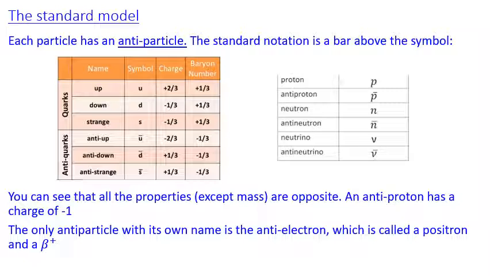The composite particles, like a proton, as we'll see in a few minutes, made up from ups and downs, has an antiproton equivalent. The neutron has an antineutron. The mass of the proton and the antiproton will be identical, but the antiproton will have a charge -1. It'll have a baryon number, -1.